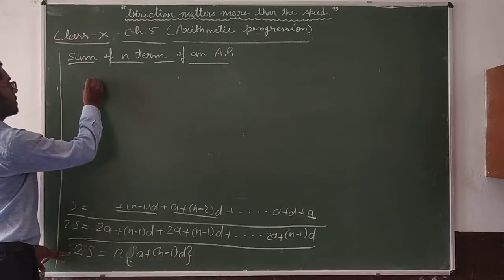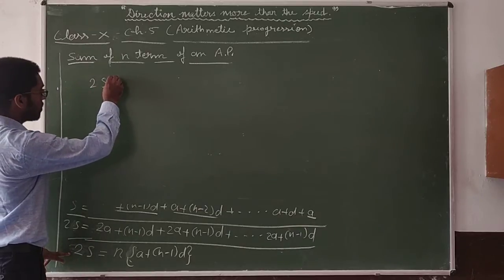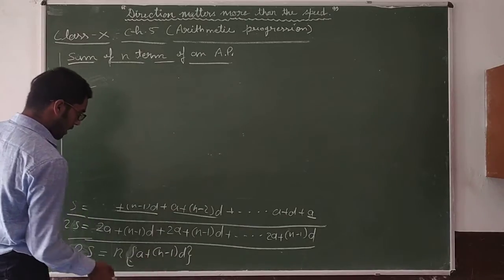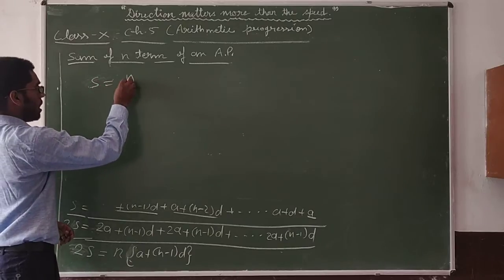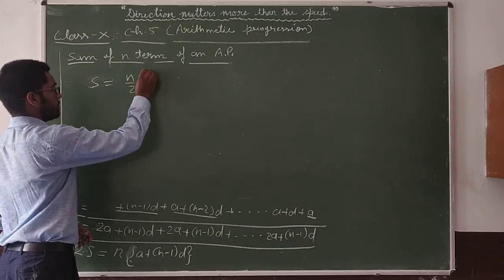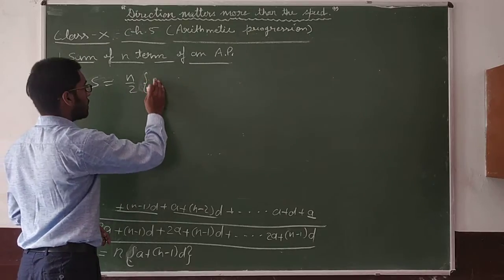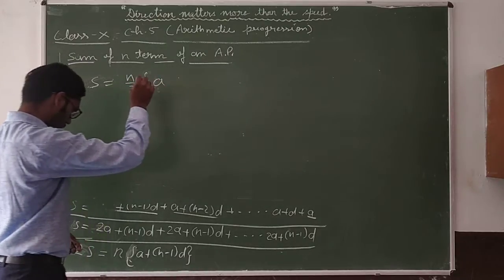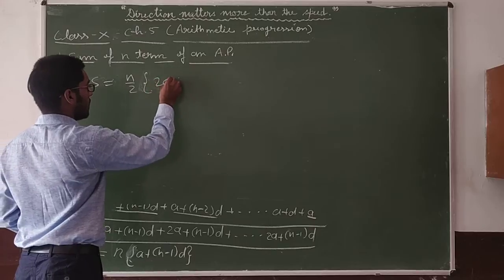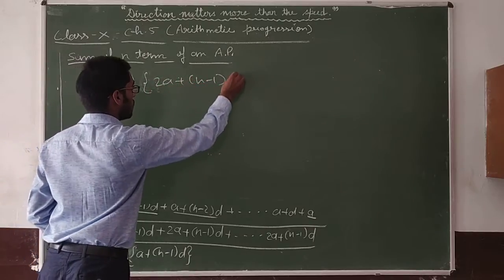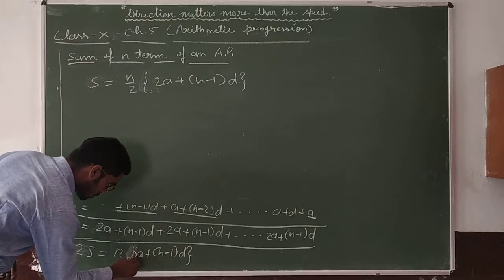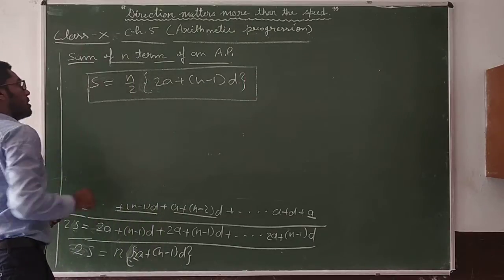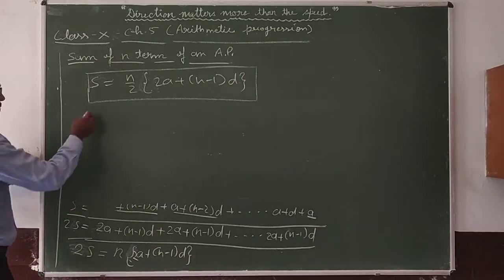So 2S = n(2a + (n - 1)d). Transposing the 2 to the denominator of the right-hand side, S = n/2 (2a + (n - 1)d). This is the formula for the sum of the first n terms of the series.